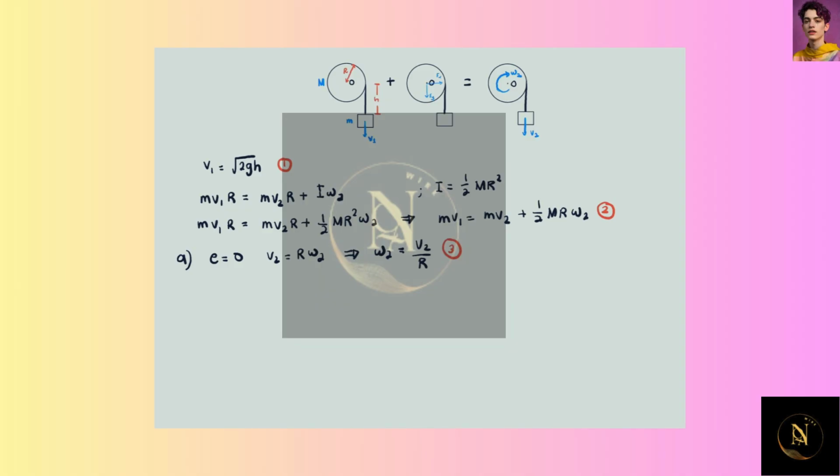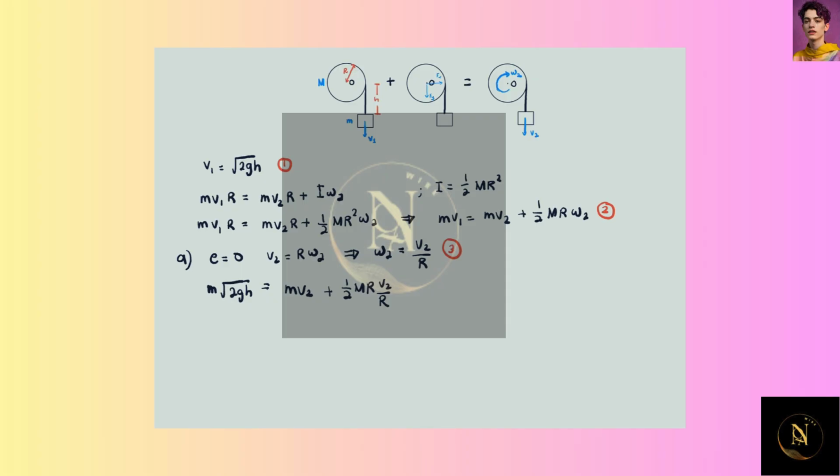Now, substituting equations 3 and 1 in equation 2, we'll have m square root of 2gh equals m v2 plus 1/2 M r, and then replace omega 2 with v2 over r.